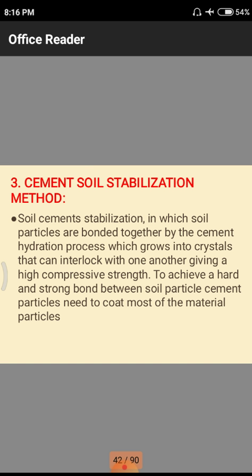But for today's class we have to discuss the stabilization technique with the help of cement content. Normally cement is a different binding material which is mostly used in the world for the construction process.